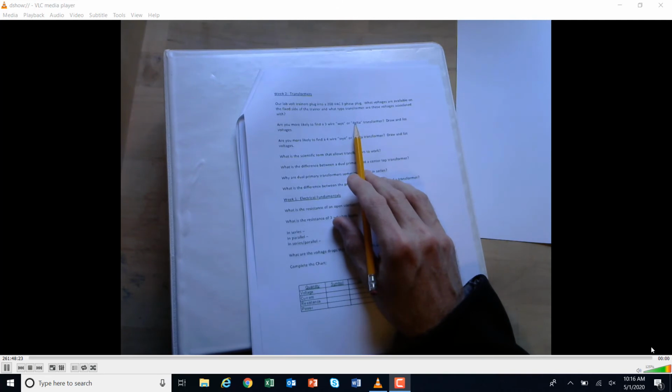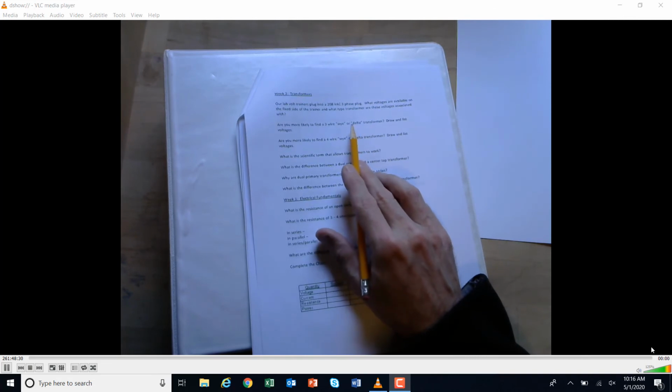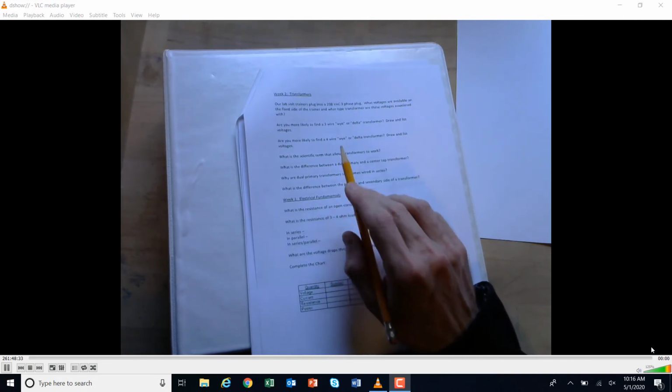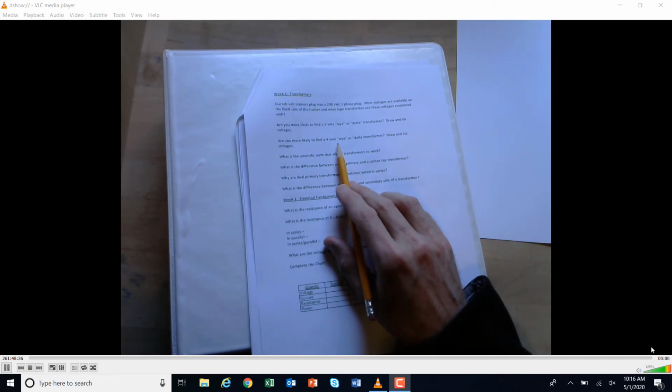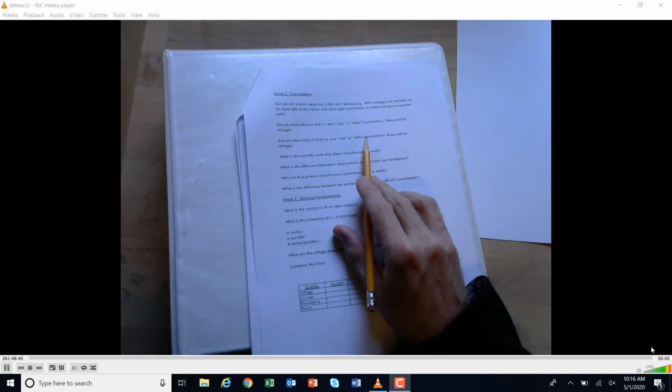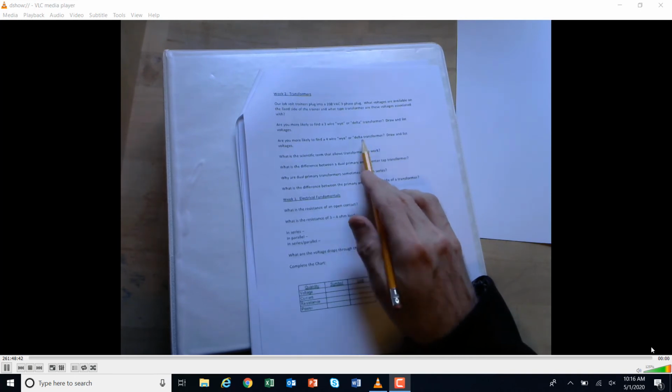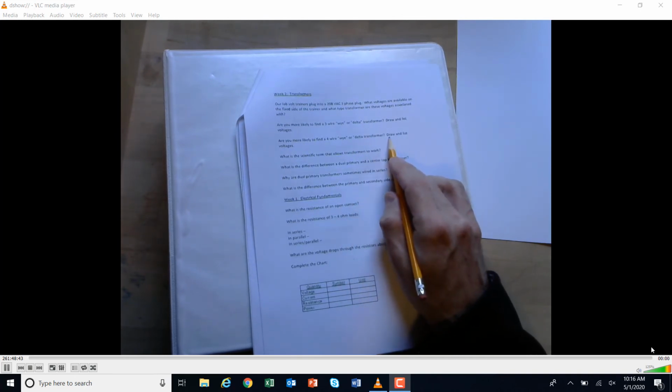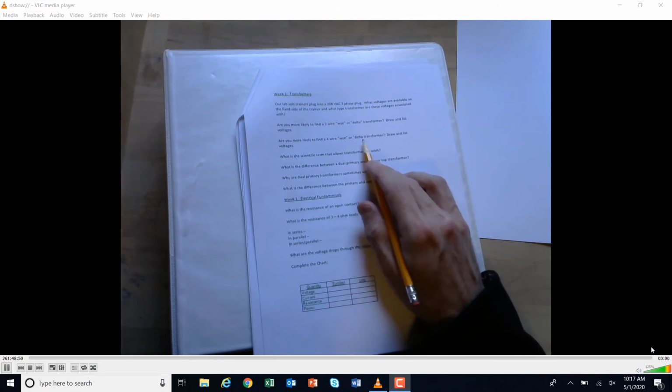There are going to be some that aren't very common, but you're going to want to know what those are. Are you more likely to find a 4-wire Y or a delta transformer? So once again, you're going to want to draw the list and understand the different voltages for each one of these right here, okay?